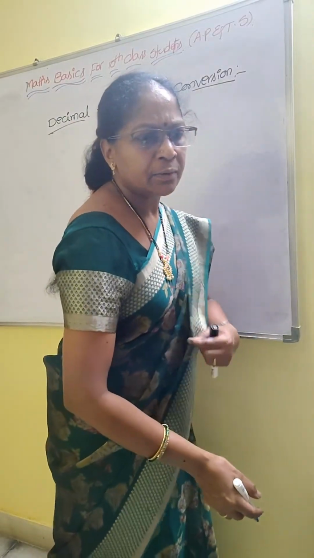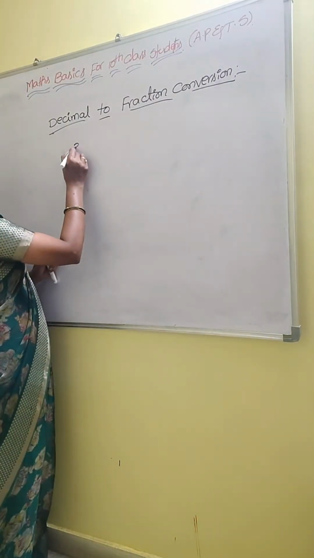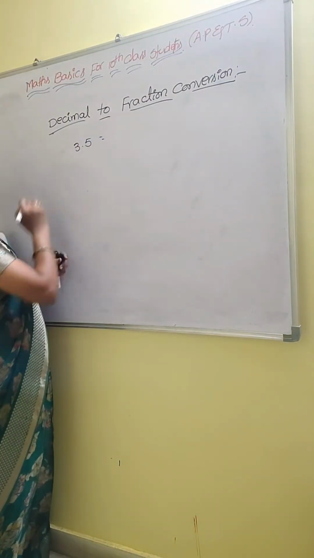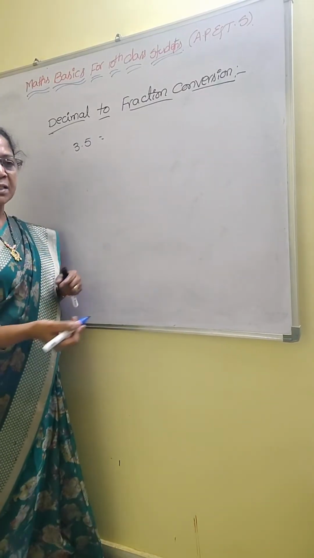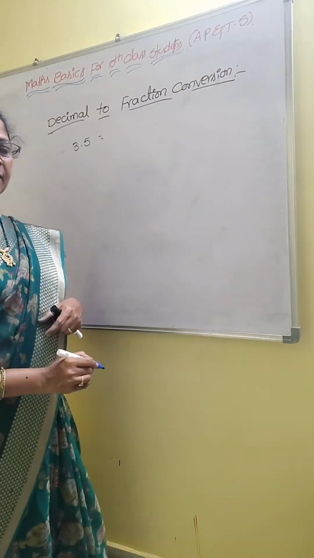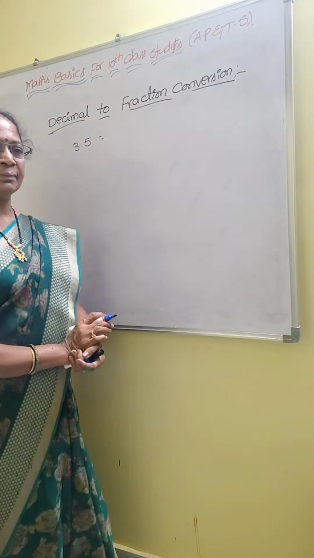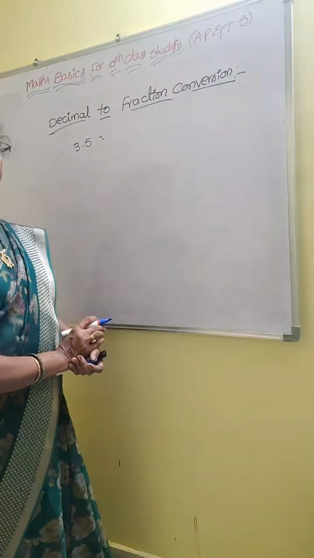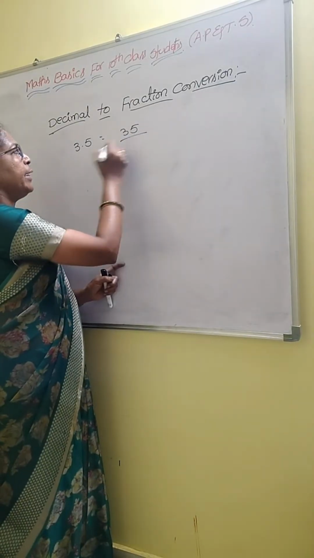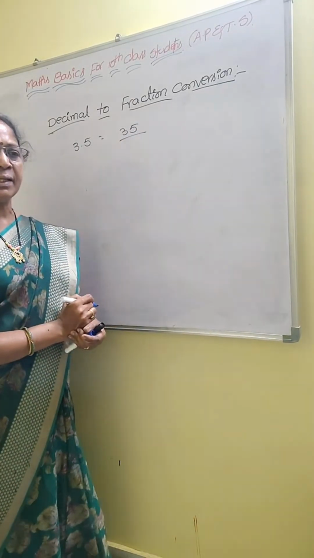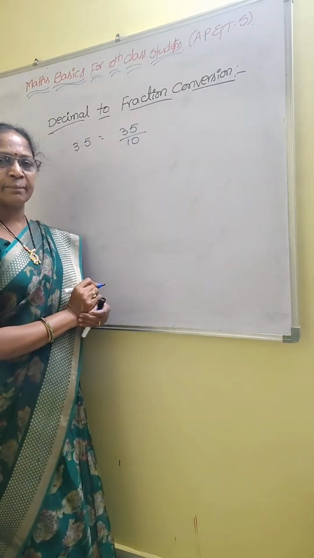See, in this 3.5, after the decimal point one digit is there. Remove the decimal point. 35 divided by, point after one digit is there, so you should write 1 and after it one 0.